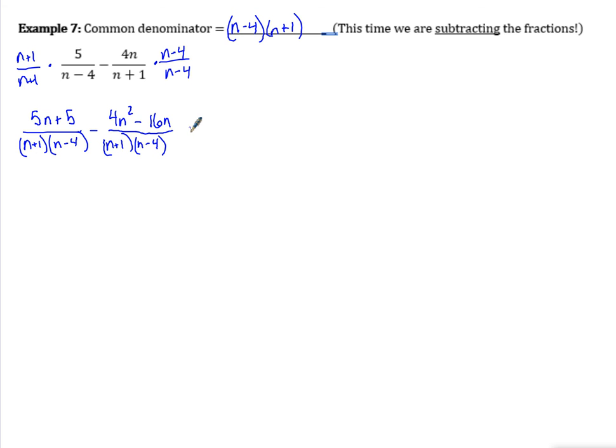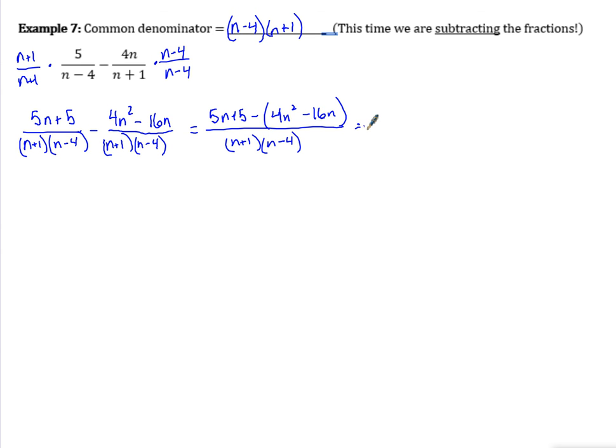Okay, now when you go to combine your like terms on the top, make sure that you are subtracting. So what I would do if I were you, I'm going to write this as one big fraction, so it's 5n plus 5, and then it's minus, put this in parentheses, 4n squared minus 16n. And then the bottom stays the same.